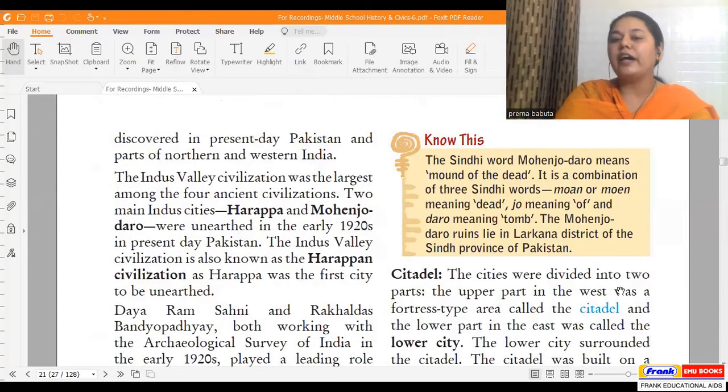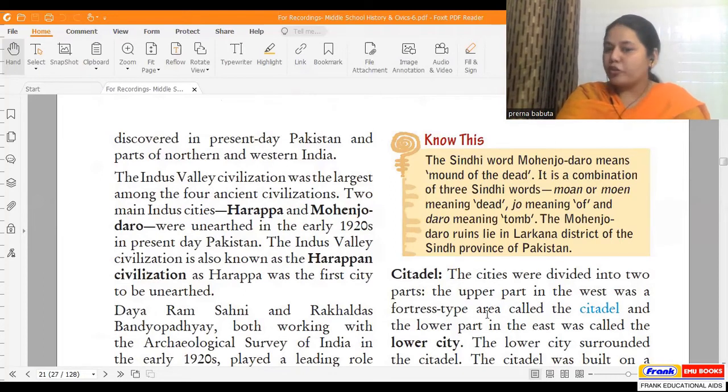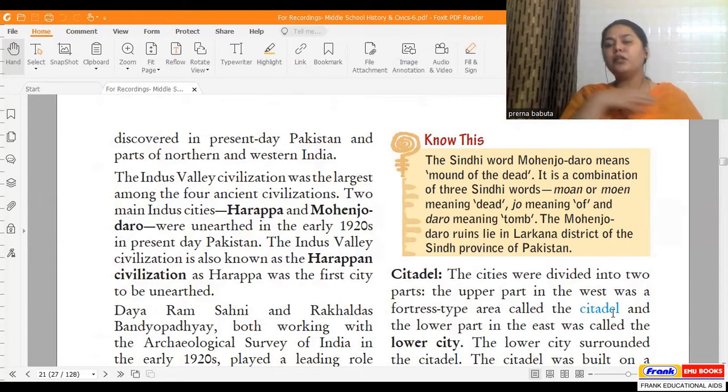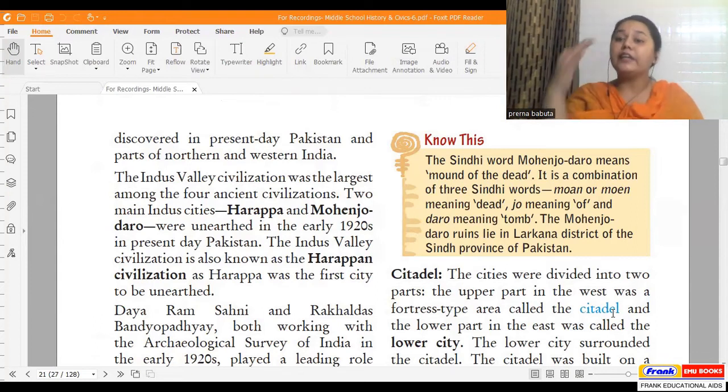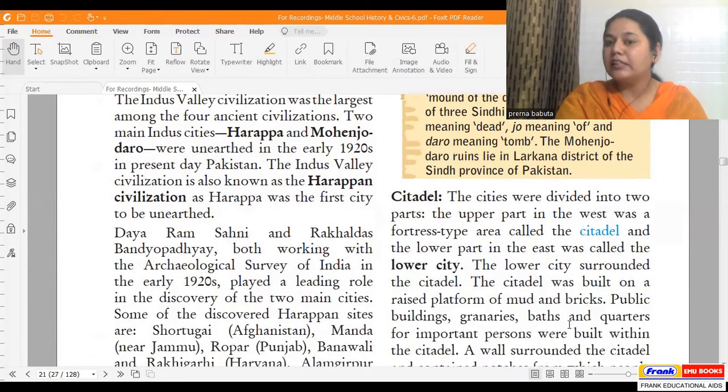The city was divided into two parts, the upper part in the west, a fortress type area called the citadel. We just assume that maybe people who were very influential lived at this part, and the lower city was surrounded by the citadel, probably for protection of the entire area.